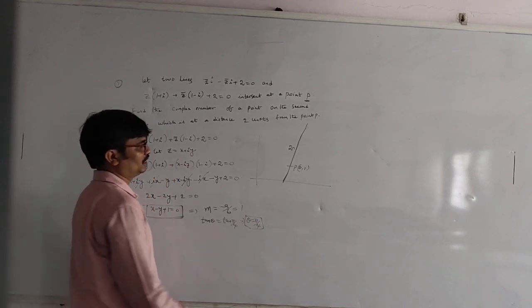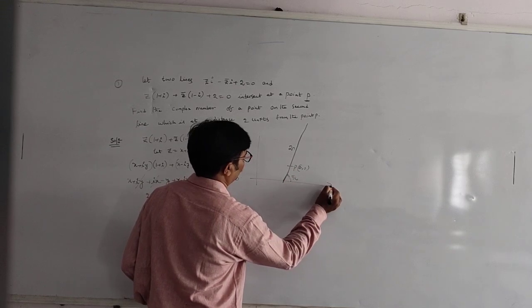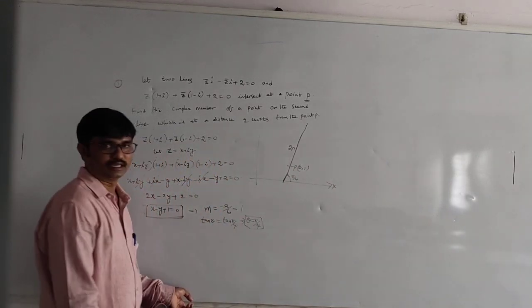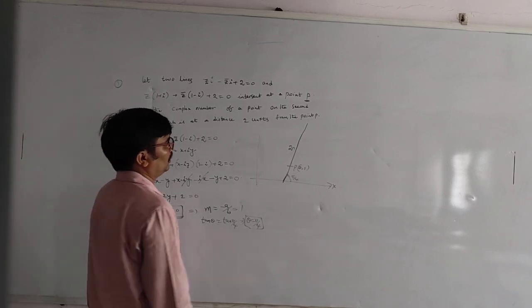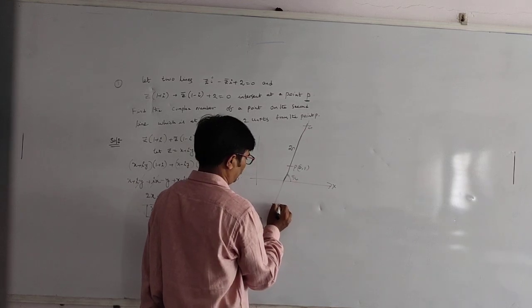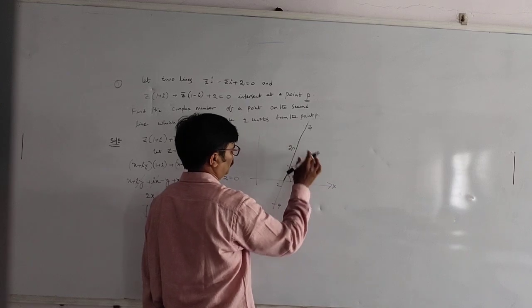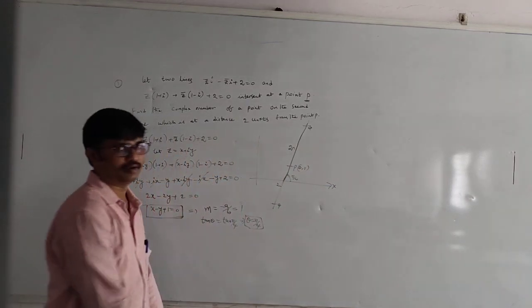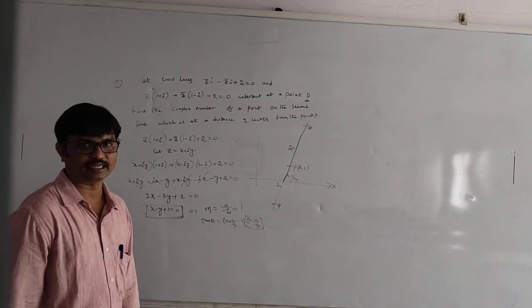Now students, this line makes an angle pi by 4 with the x-axis. So by applying the parametric form, the coordinates of Q and R are at a distance 2 from the point (0, 1), making an angle pi by 4 with the positive direction of the x-axis.